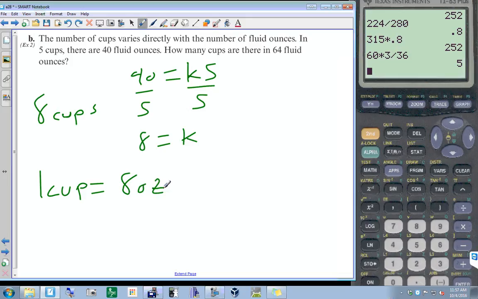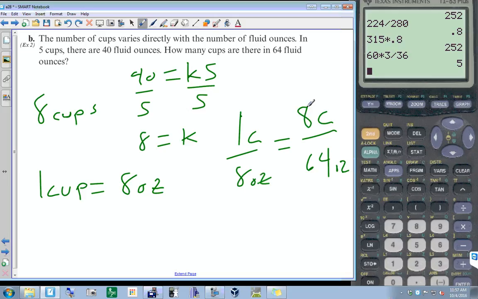Now, say I've just got that. I know what that is. I could set my ratio up again with that idea: 1 cup, 8 ounces is equal to blank cups over 64 ounces. So that times that divided by that. Last I checked, 64 divided by 8 was 8. So it's 8 cups. Okay.